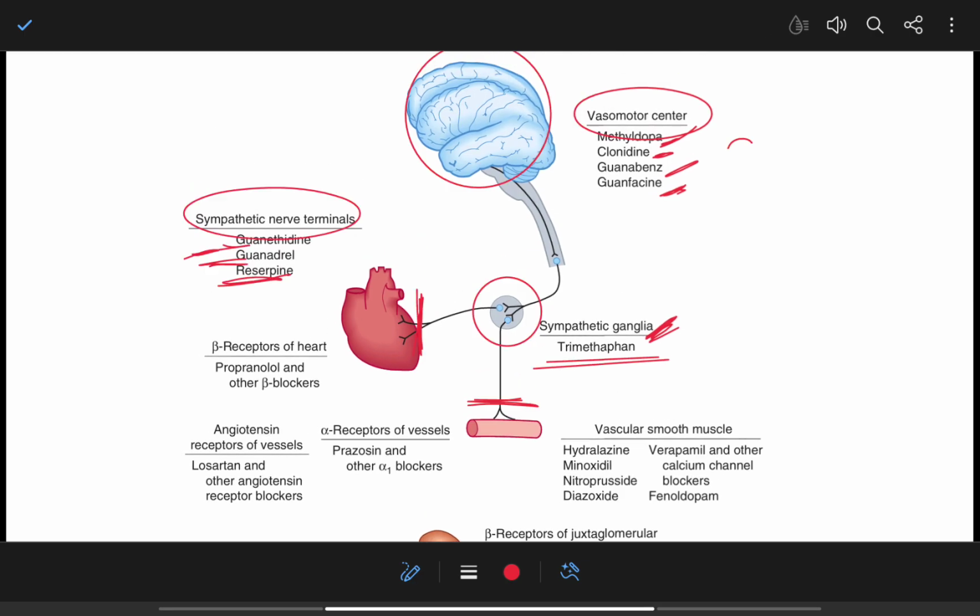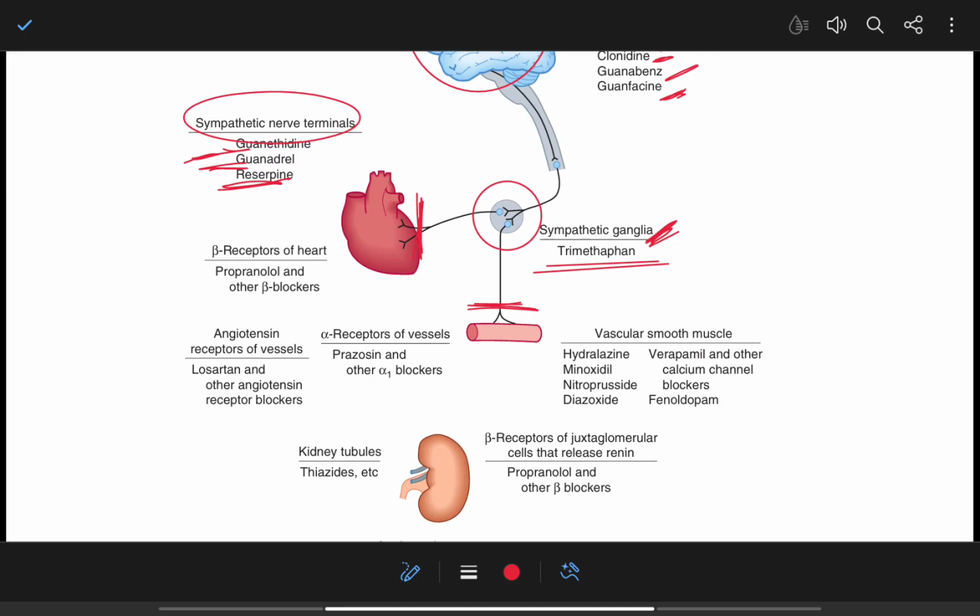These ones are acting at the central level, these ones at the ganglion level, and these ones at the nerve terminal level: guanethidine, guanadrel, and reserpine.